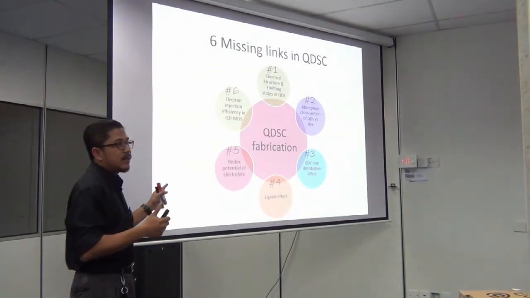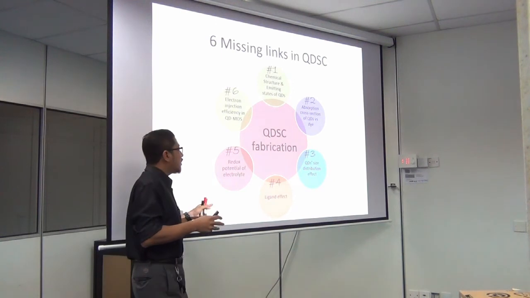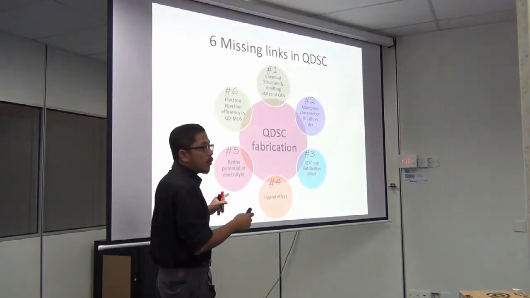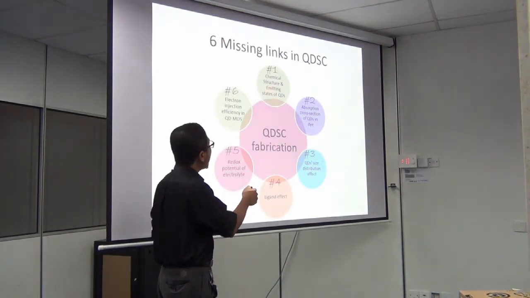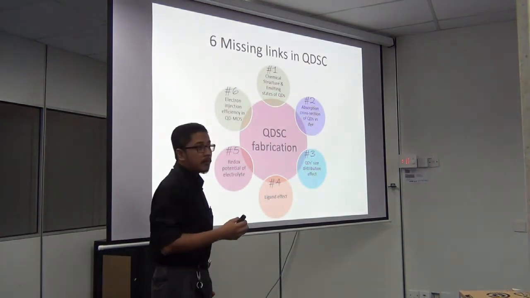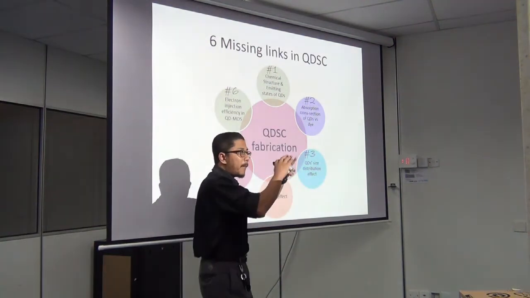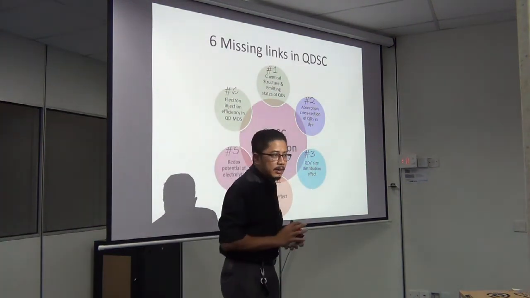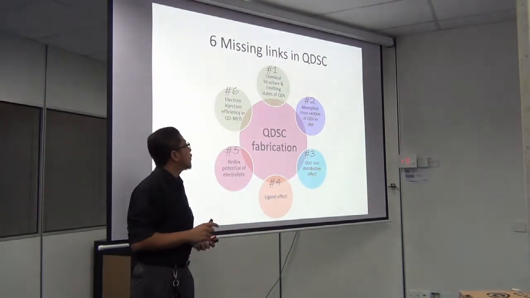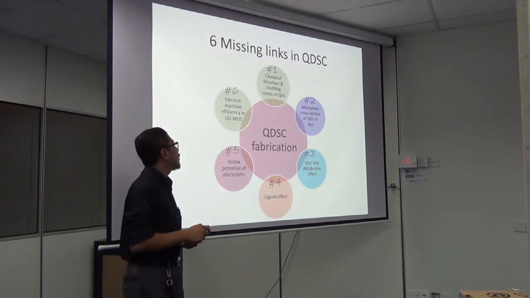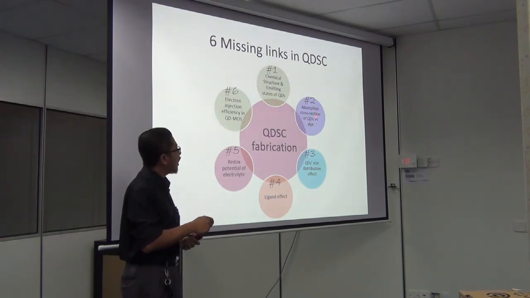We have 6 missing links which most of the researchers did not look at thoroughly. The first one, chemical structure and emitting states of quantum dots. Emitting states means the mapping of LUMO density, the excited state electron location, has not been studied thoroughly. Number 2, absorption cross-section of quantum dot versus dye. I will explain later.